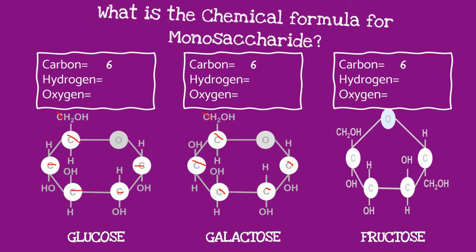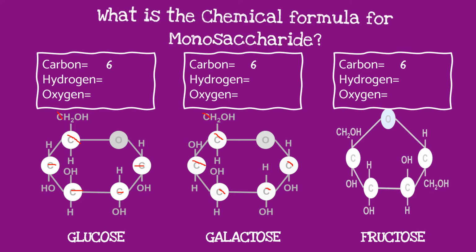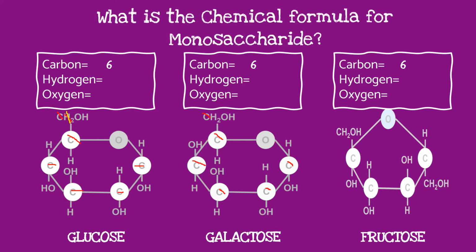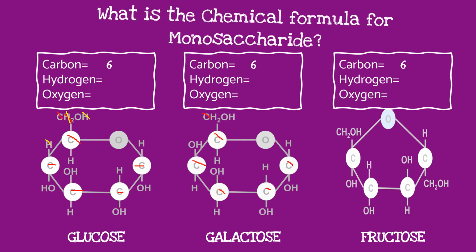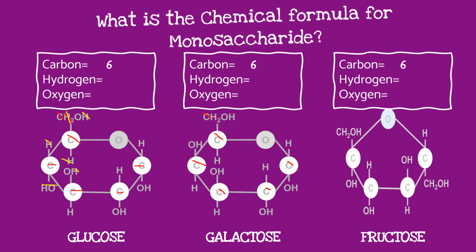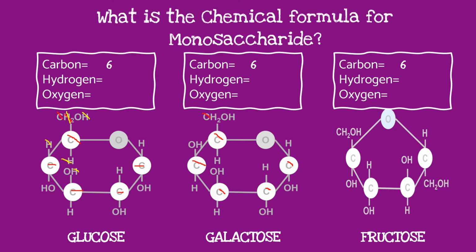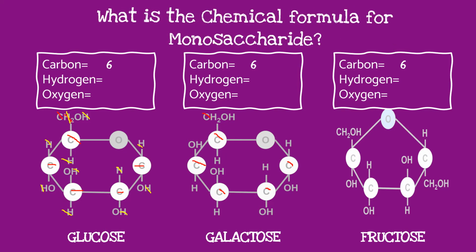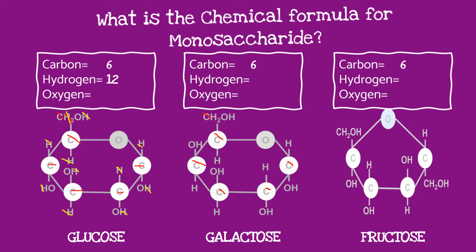For hydrogen, let's count 1, 2, 3, 4, 5, 6, 7, 8, 9, 10, 11, and 12. So there are 12 hydrogens present on the glucose molecule.